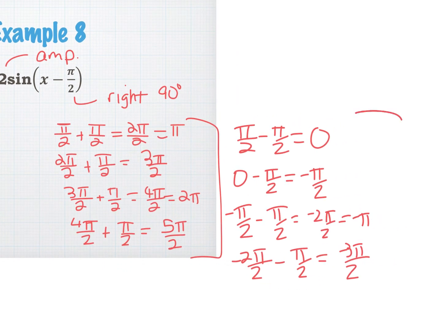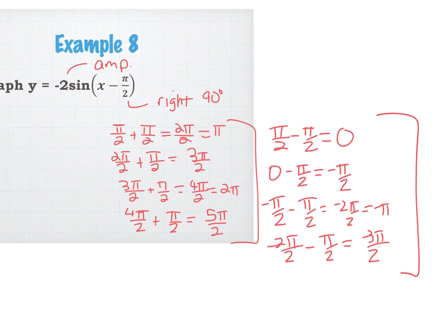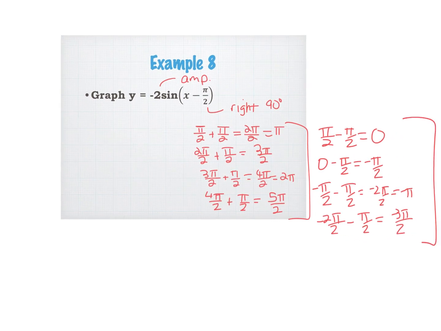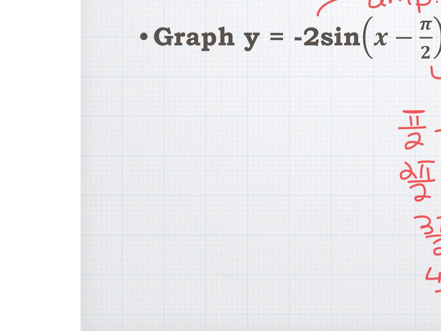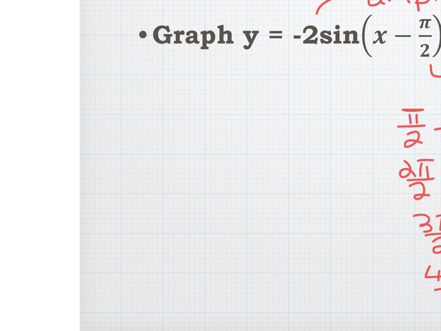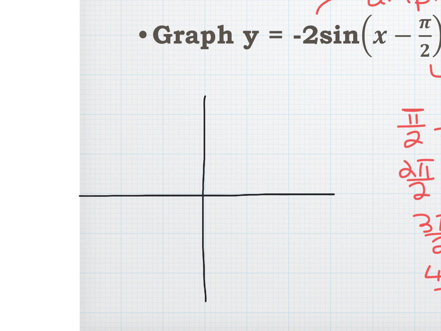And so these are my 4 points that I'm going to label along the x-axis. So let me go ahead now. Add my axis here. Let's label all these points on it. So I have one here at pi over 2.